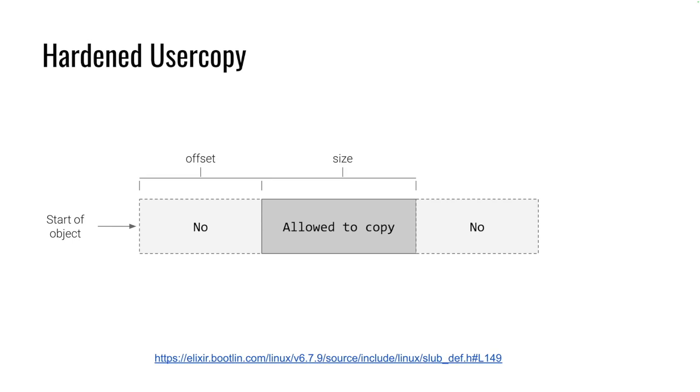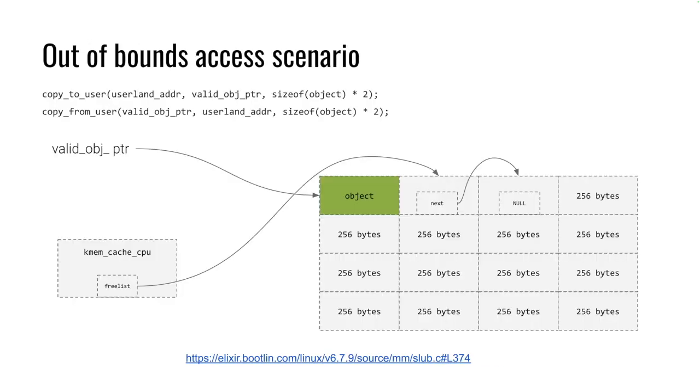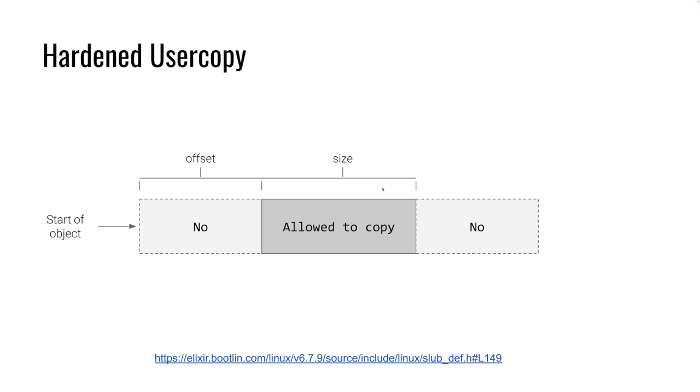The reason that this can work is because a cache, as you'll recall, is created with a specific size slot in mind. So what we're doing here is we're creating a cache not only with a specific size slot in mind, but we're creating a cache with a specific object in mind. And the offset and size values are stored inside the kmem cache struct.